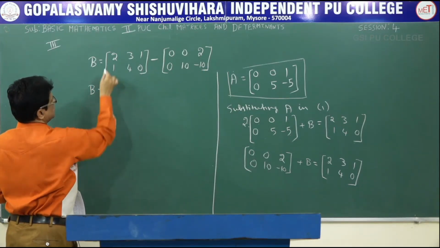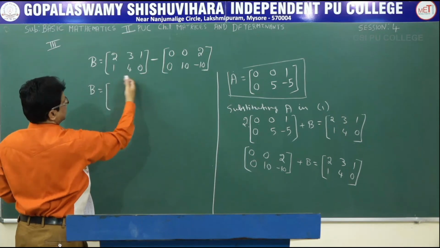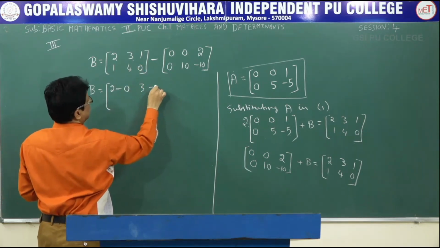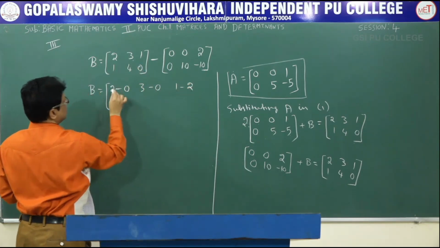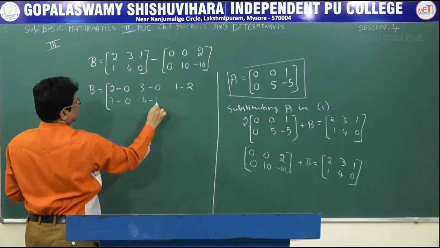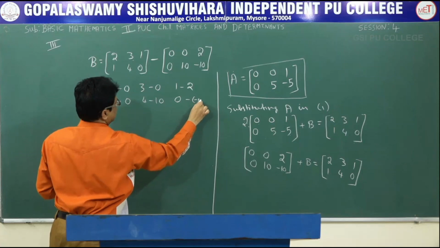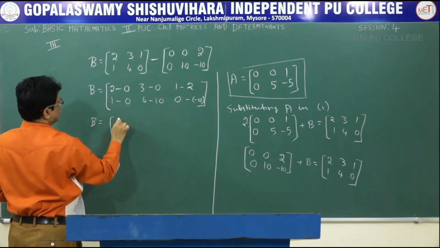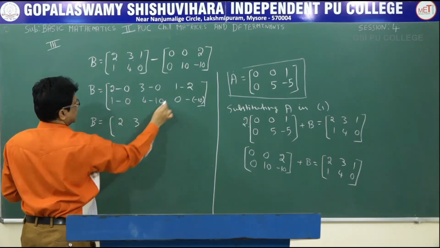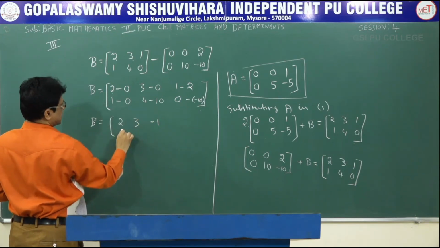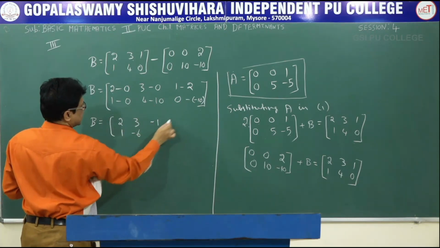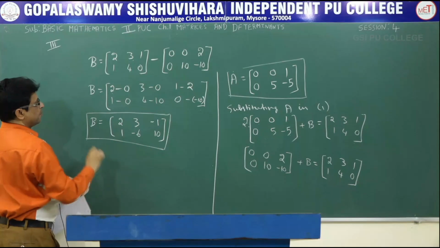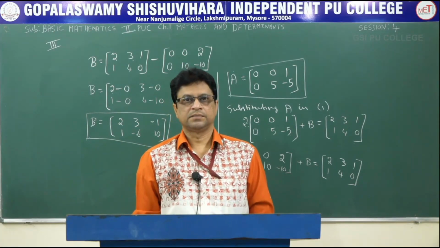So we subtract the corresponding elements of these two matrices. 2 minus 0, 3 minus 0, 1 minus 2, 1 minus 0, 4 minus 10, 0 minus of minus 10. So B will be equal to 2 minus 0 is 2, 3 minus 0 is 3, 1 minus 2 is minus 1, 1 minus 0 is 1, 4 minus 10 is minus 6, 0 plus 10 is 10. So this is the matrix B. Okay. Thank you.